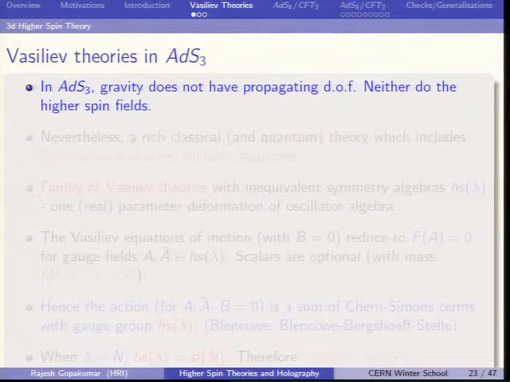Okay, so if you found higher spin theories, the Vasiliev framework, tough going, you can relax. The good news is that we won't need most of that for what follows, because we will be mainly concentrating on the three-dimensional case where things are actually, as we will see, much simpler.